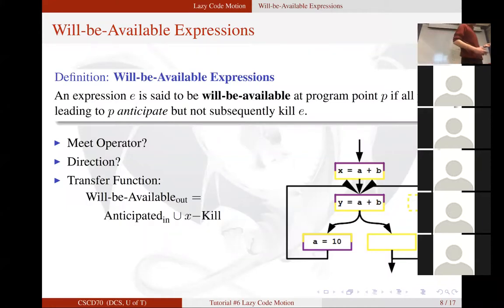Whereas on the left program path, we have an anticipation frontier for a plus b here after setting a equals 10. It is not will be available, because a equals 10 kills the expression a plus b.